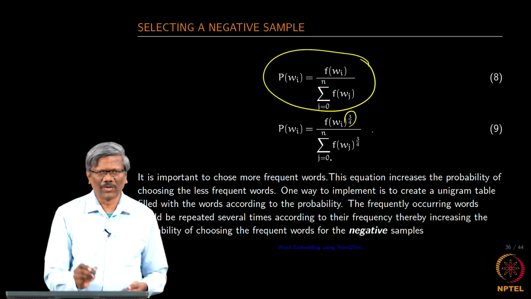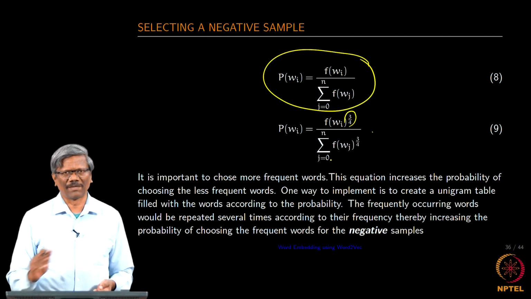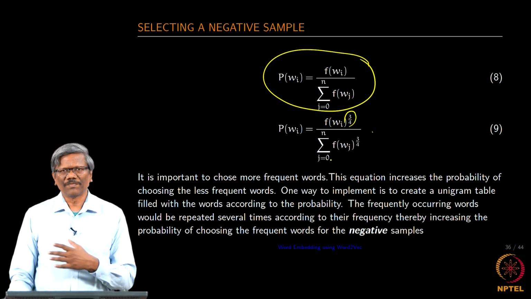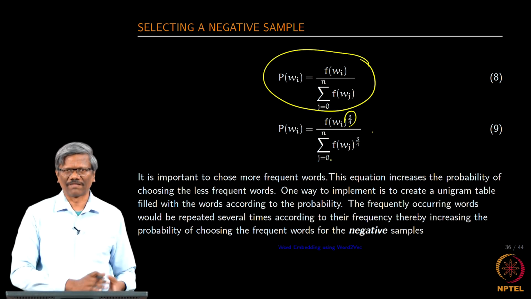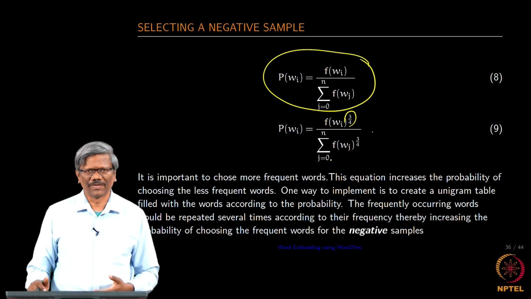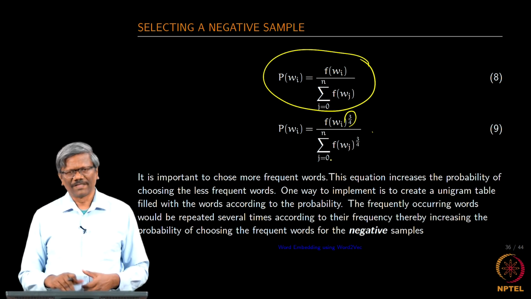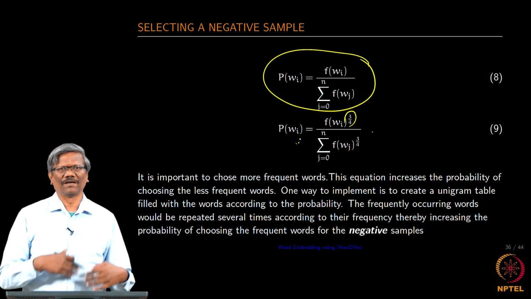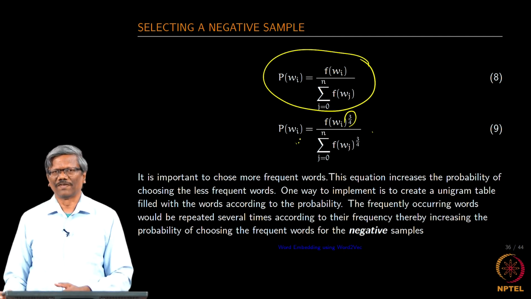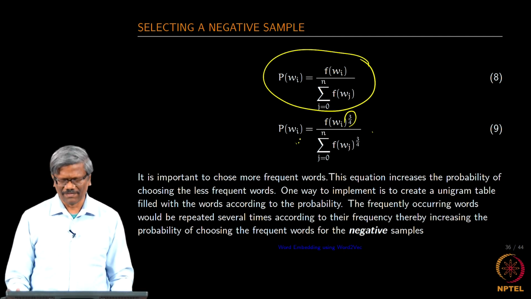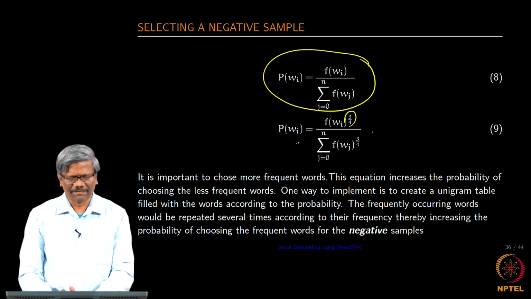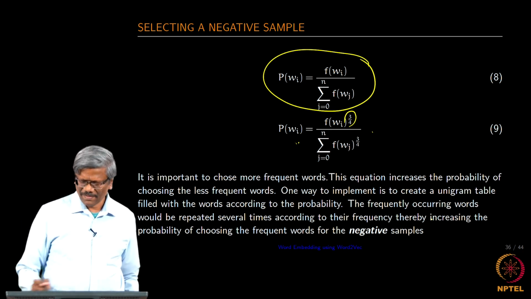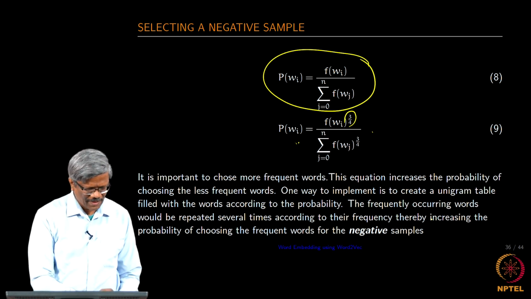For example, you create a unigram table of the size of the vocabulary, pick the most frequently appearing words and copy them into the unigram table several times according to the frequency of the words, and then use this formula to pick the word or number of words which you want to use as the negative sample. So, you got it. This is how we find the negative sample and use it in our computation of updating weights.